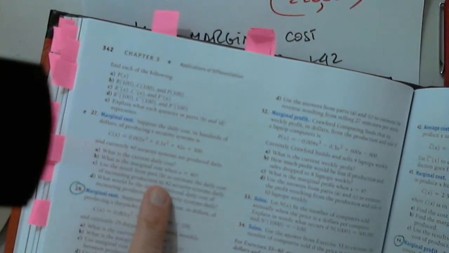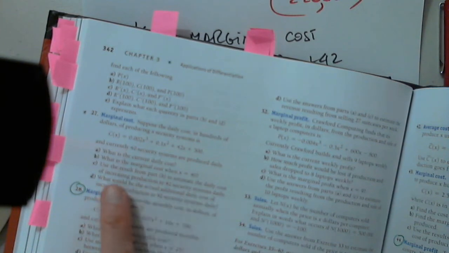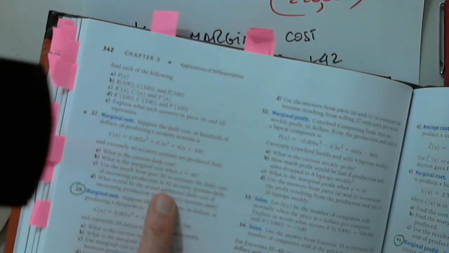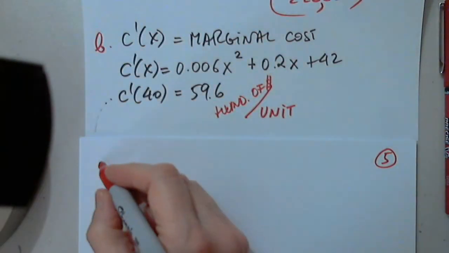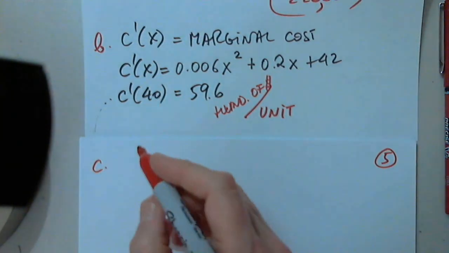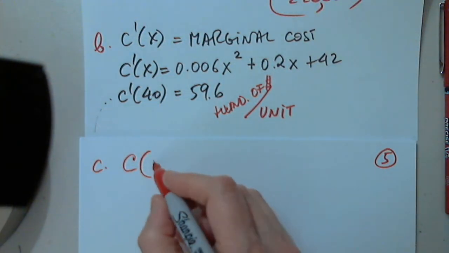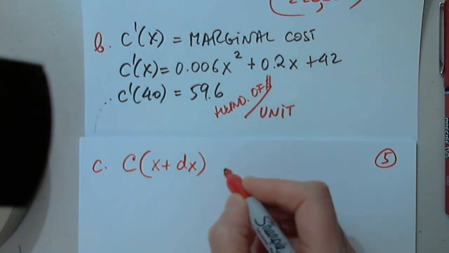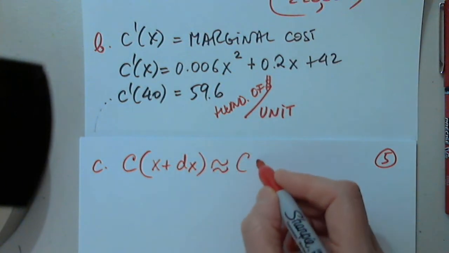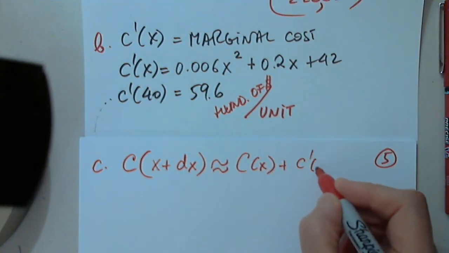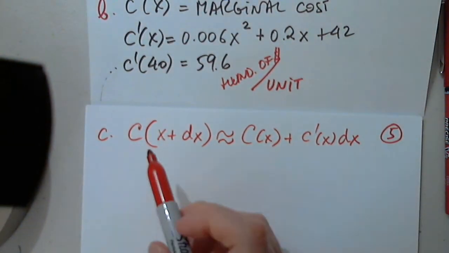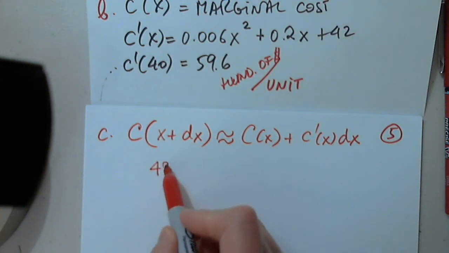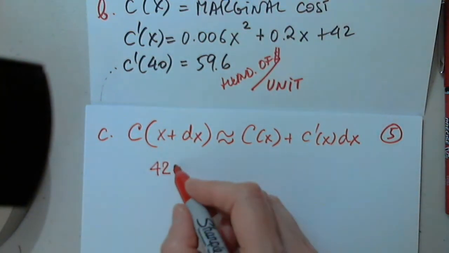Use the result from part B to estimate the daily cost of increasing production to 42 security systems daily. Okay. So we really want the cost of x plus dx to be approximately the cost of x plus C prime of x dx. Approximate the cost for 42 units.